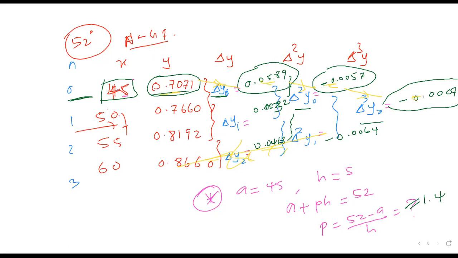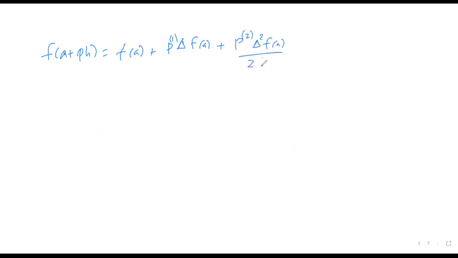So let's use these values, we're gonna use it in our equation again. So what is our equation actually? f of a plus ph is equal to f of a, in this time of period you can memorize it, plus p delta f of a, plus p2 delta squared f of a divided by 2 factorial, plus p3 delta cube f of a by 3 factorial.